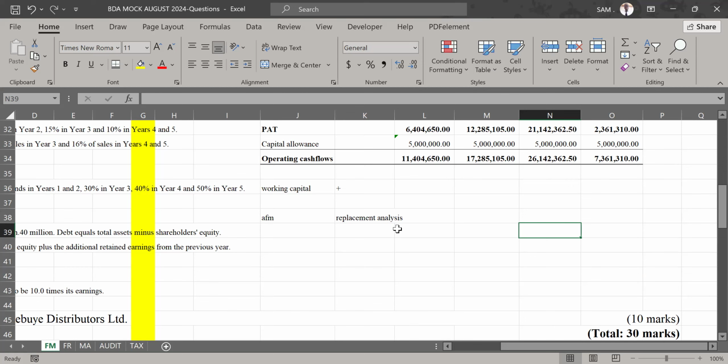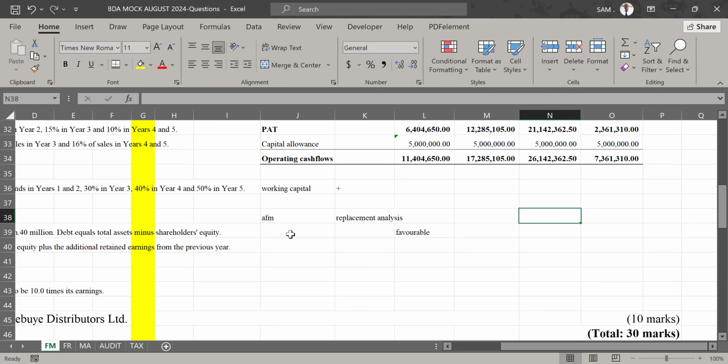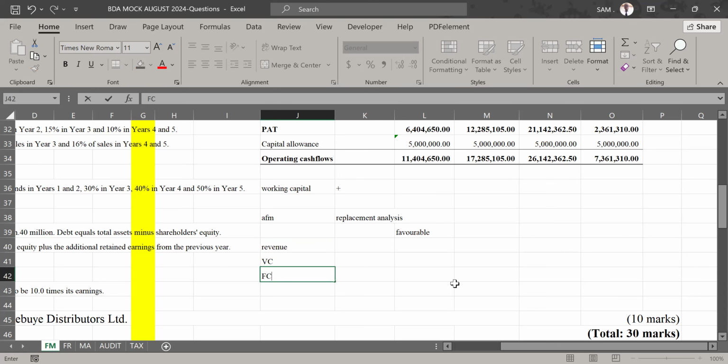Do you know how they bring sensitivity analysis is very easy. They're just telling you favorable adjustments, because they will bring, for example, revenue, costs, for example variable cost, fixed cost like that, and then they give you scenarios. They bring it in terms of scenarios or conditions.